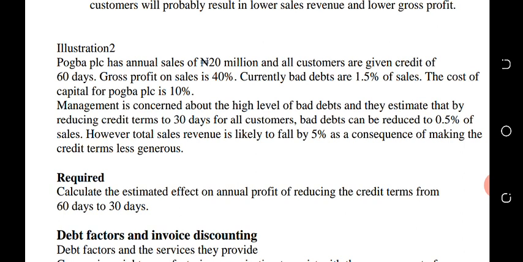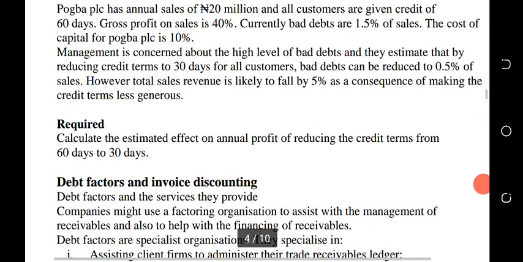Management is concerned about the high level of bad debts, and they estimate that by reducing the credit terms from 60 to 30 days for all customers, bad debts can be reduced to 0.5% of sales. However, total sales revenue is likely to fall by 5% as a consequence of making the credit terms less generous.